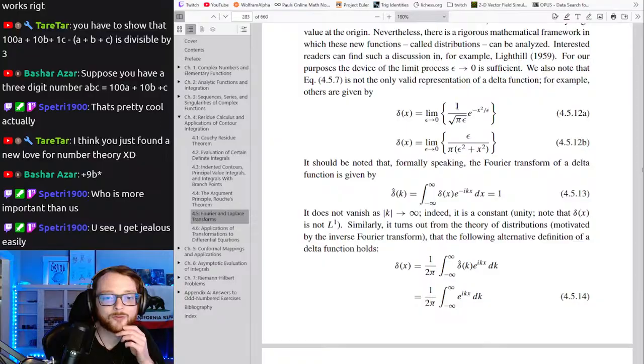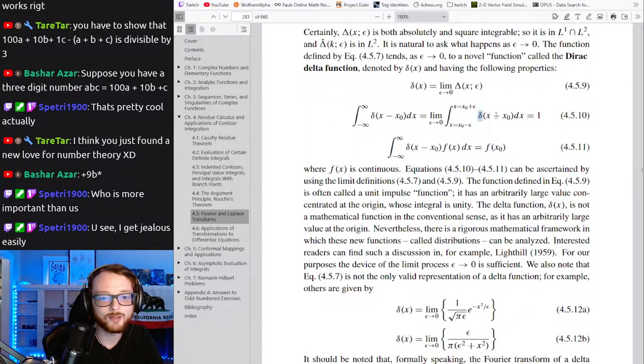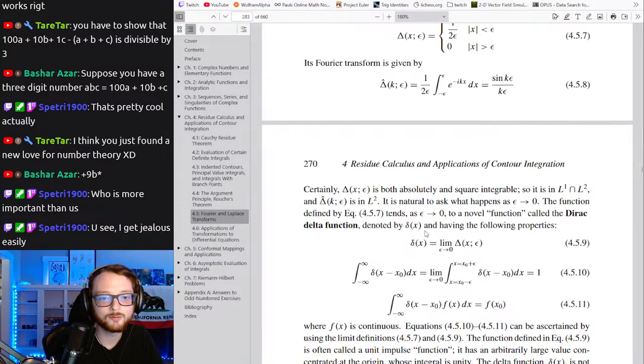Oh, you know what? It's funny. This also looks like a Gaussian distribution. I wonder if there's some kind of connection. I mean, I guess the connection is just that it integrates to 1 over its domain.